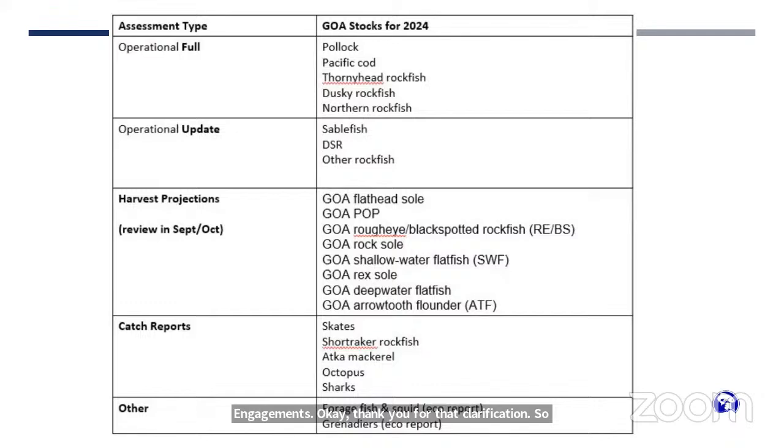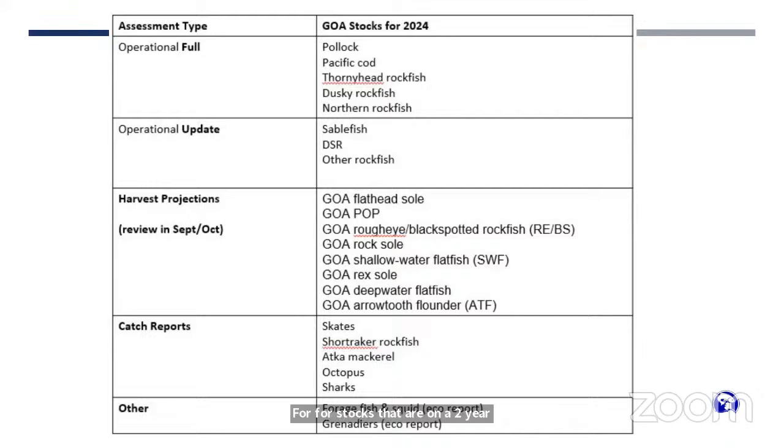Then going forward, I didn't hear any concerns about Jason's recommendations for the plan team to discuss and consider changes in the harvest projections, perhaps for stocks that are on a 2-year cycle.